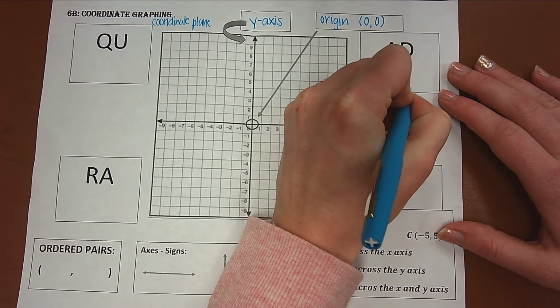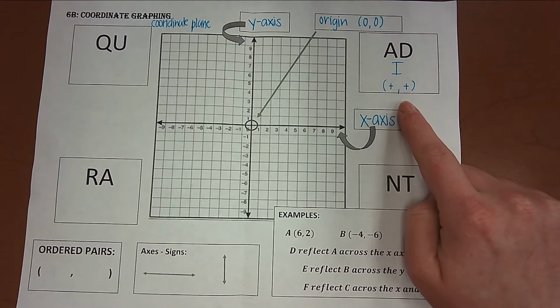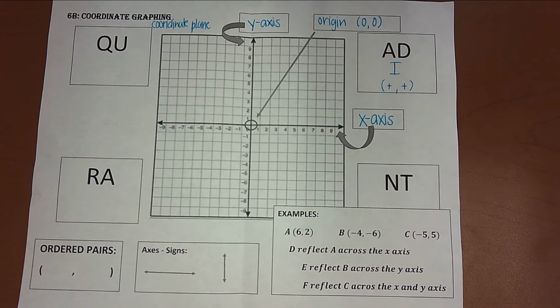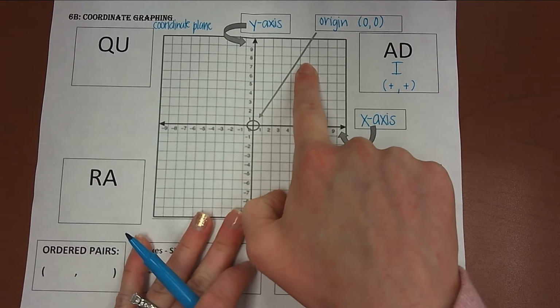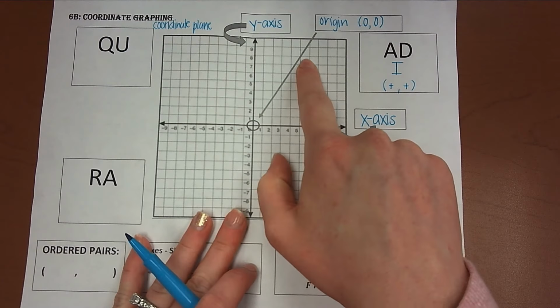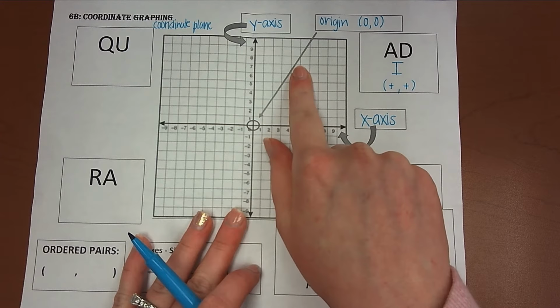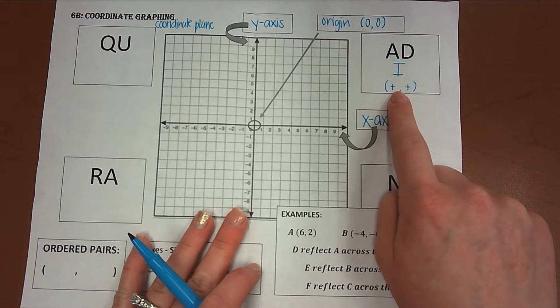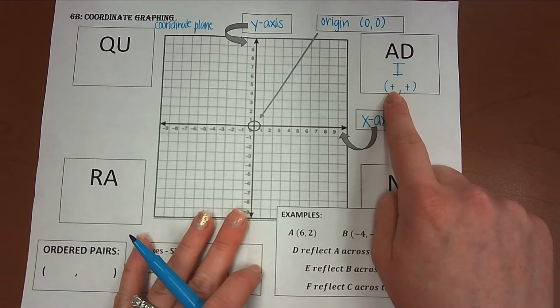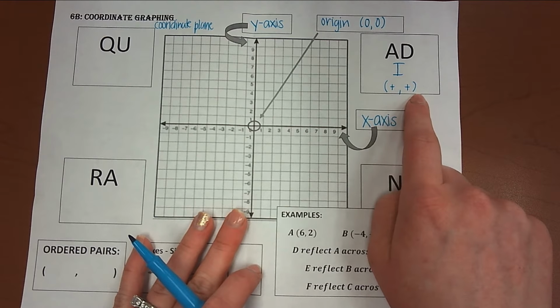We're going to talk more about ordered pairs in a minute. But all the ordered pairs in quadrant 1 are always going to be positive, positive. We're always going to list an x value and a y value to show the location of a point on a coordinate plane. Any time that a point is in quadrant 1, it will be a positive number followed by another positive number.